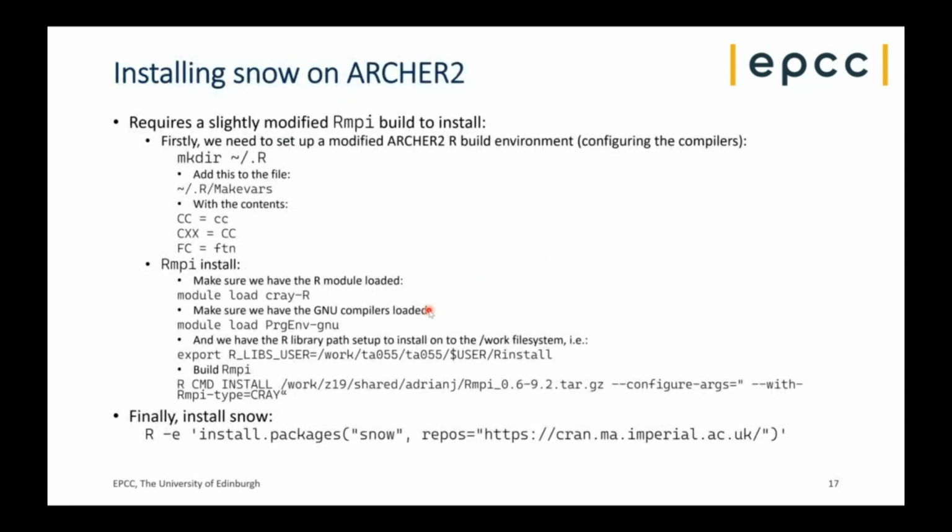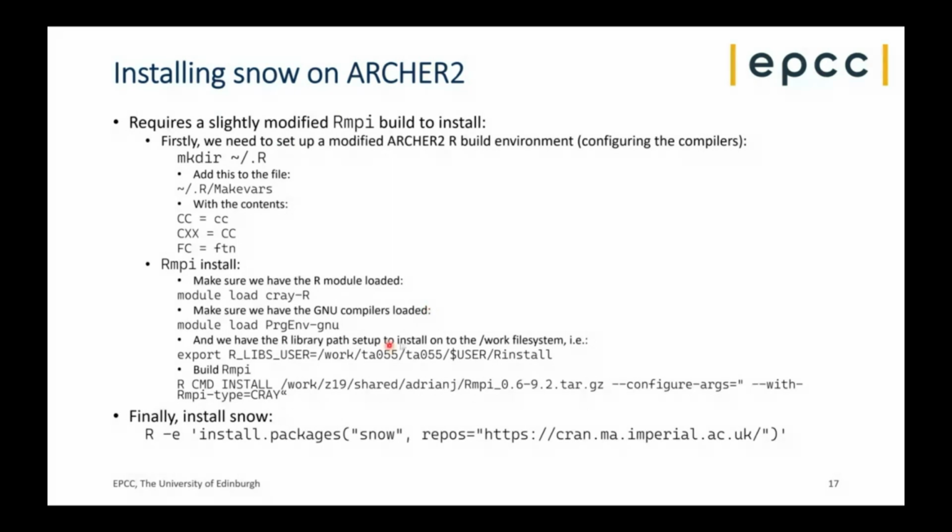If you want to try using R Snow on R, and this is one of the examples we have in the exercise sheet, you need to install it in a little bit of a complicated way, because the default download and install fails on ARCHER2, so I had to make some changes to the source code and repackage that just to map onto the networks and the system we have on ARCHER2.